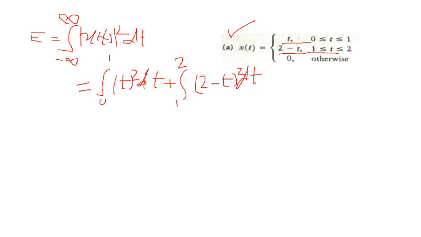So by simplification, the integration of t square will be t cube by 3, and the values for the variable are 0 to 1, right?